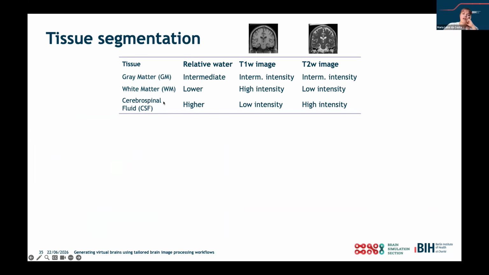CSF has a relatively high water content, so the T1 time is quite long, and we have a low intensity in the T1 weighted image. On the other side, the T2 time would be quite long, and therefore we have a high intensity.